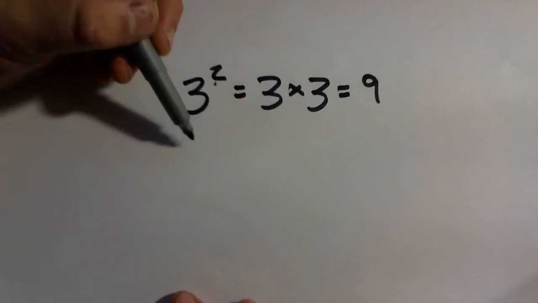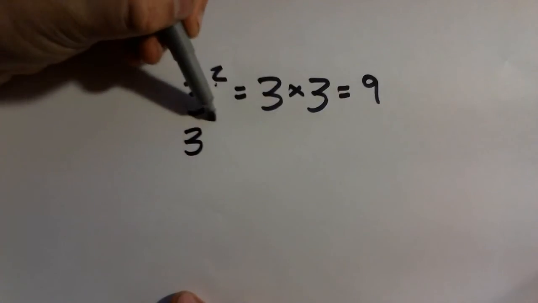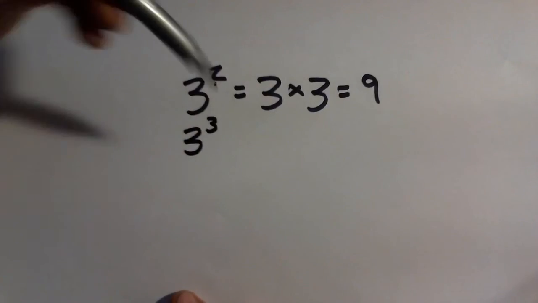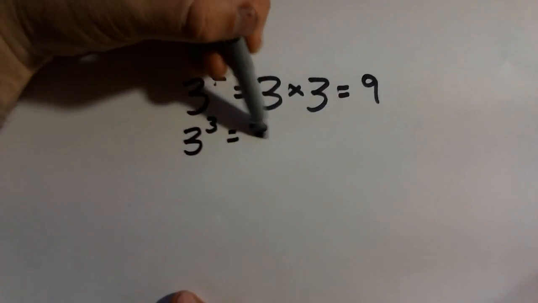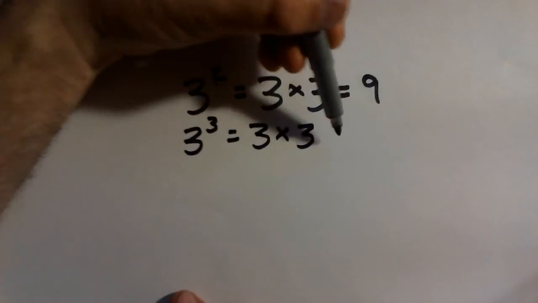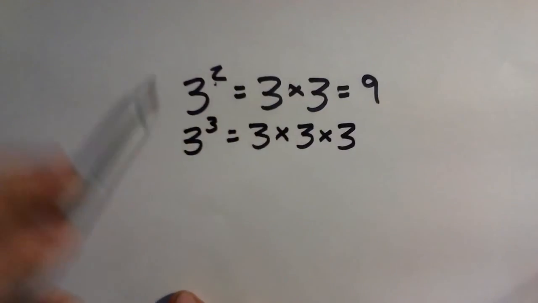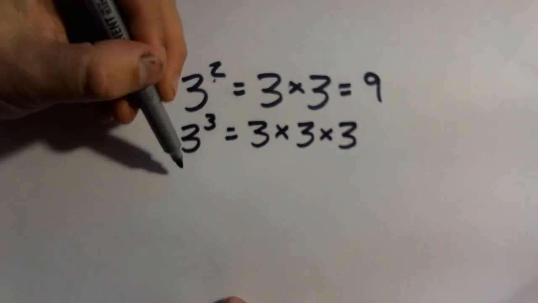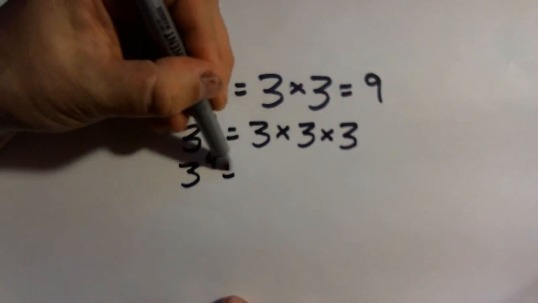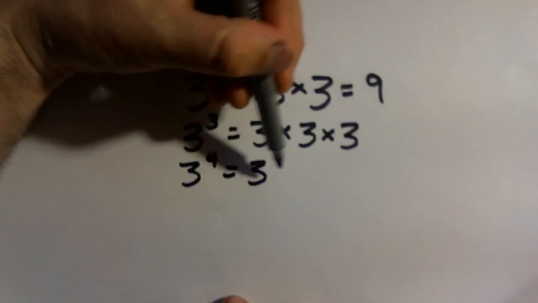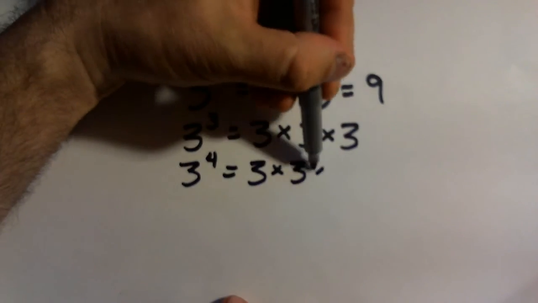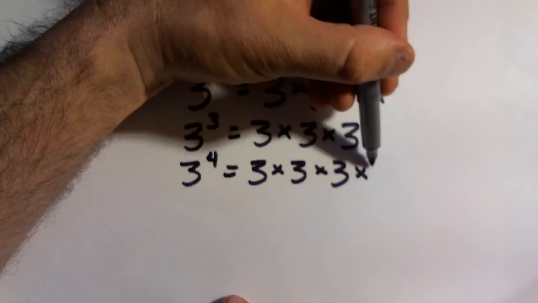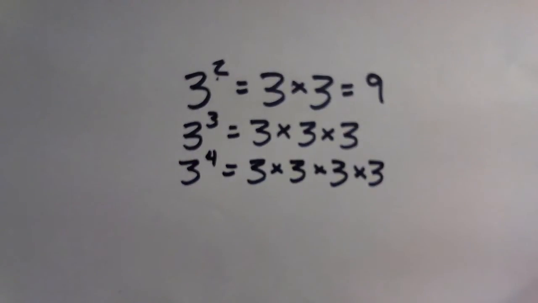In this case, twice. So if I said 3 cubed, 3 to the 3rd power, we would go 3 times 3 times 3. 1, 2, 3, the 3rd power. If I said 3 to the 4th power, 3 times 3 times 3 times 3. We would do it 4 times. So that's what an exponent represents.